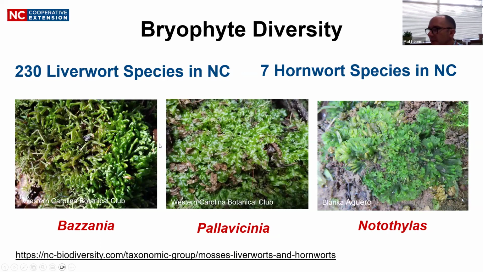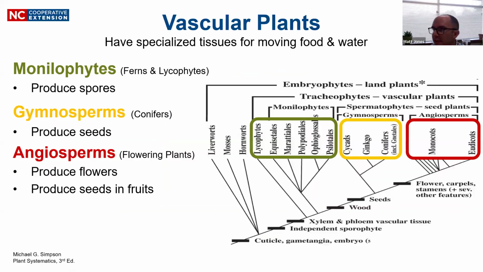Okay, on to slightly more familiar territory, that is the vascular plants. These are the plants that have specialized tissues for moving food and water, they have vessels. Those include the other three major groups: the monilophytes or the ferns, and then the two seed plants, the gymnosperms and the angiosperms, which represent the conifers and the flowering plants respectively.